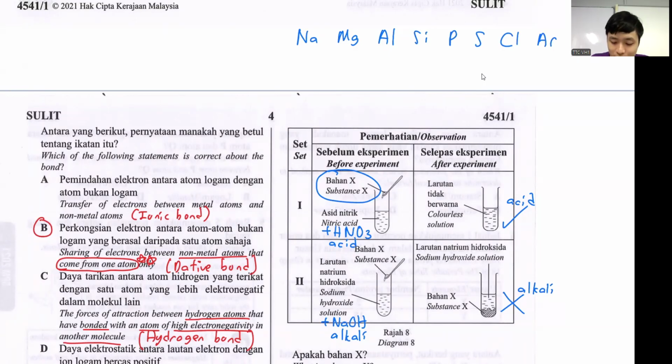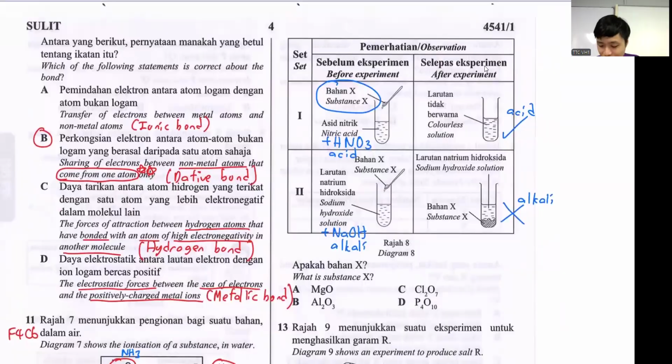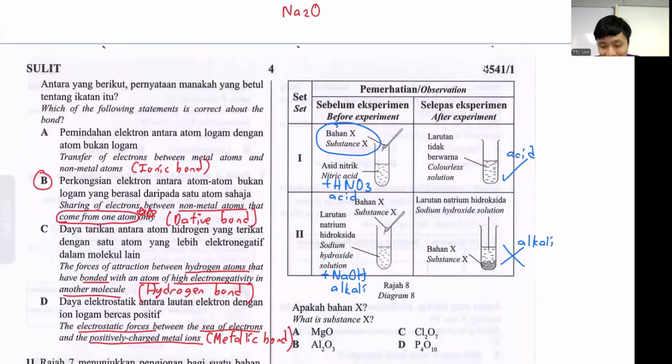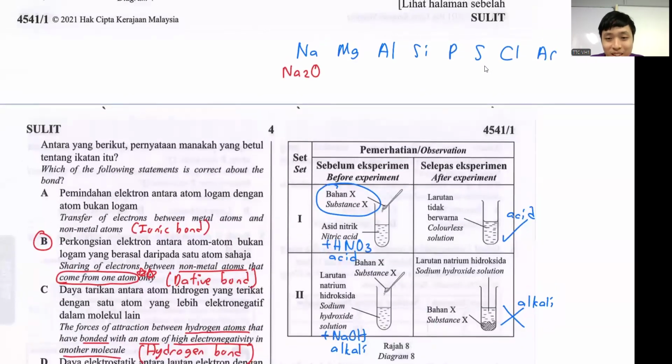The oxide of sodium is sodium oxide. Okay, so yes, you are correct, miss. You see how these are oxides. Of course argon is not reactive, that's why it doesn't have any oxide.